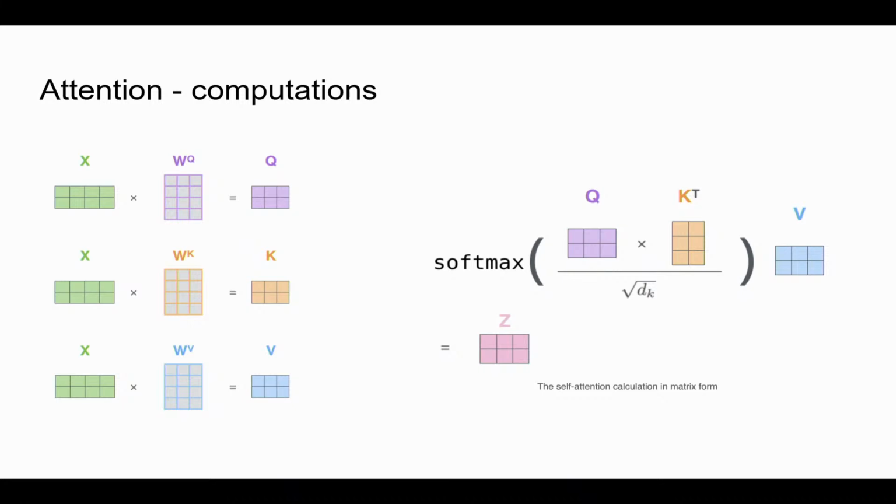By multiplying queries with keys, you get the weights. If the vector in the query matrix is similar to the vector in the key matrix, you get a high weight. There's a softmax such that the weights sum to 1, and these weights are then used to multiply the value matrix, and you get the output. That's how it's computed.